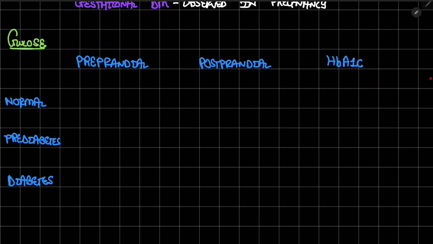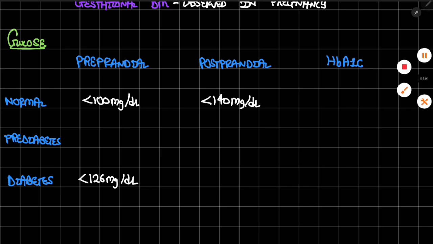Now the normal glucose level in pre-prandial is less than 100 milligram per deciliter. And in diabetes the pre-prandial must be more than 126 milligram per deciliter. Normal postprandial is less than 140 milligram per deciliter.